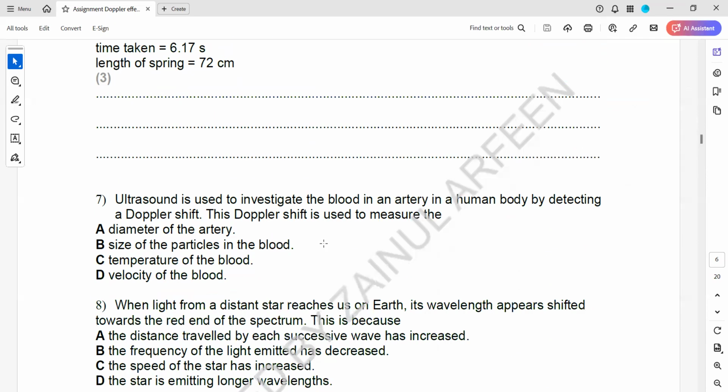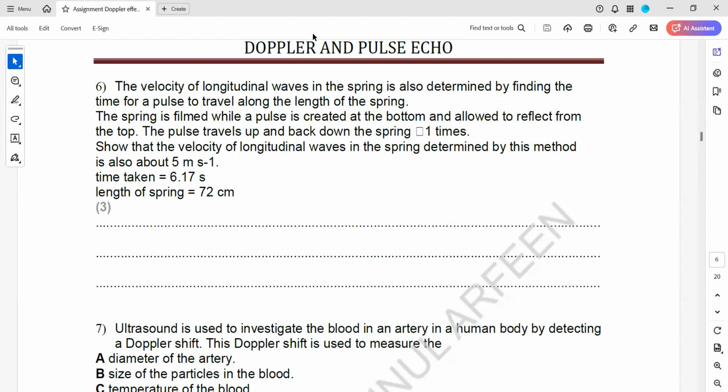Any doubt in this? This part was 42; in the question, it's just an editing mistake. It is 42 times.